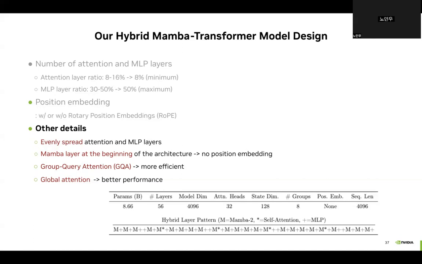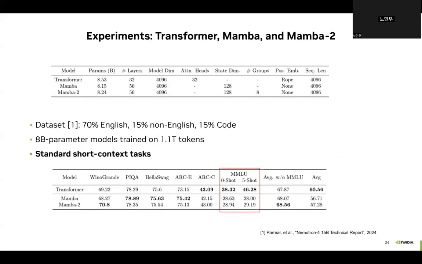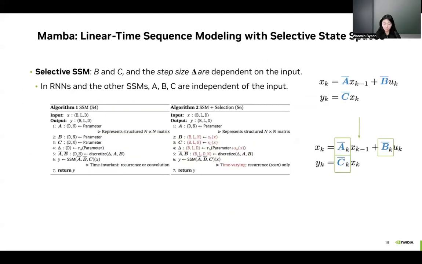Binu? Okay. Thank you for your great presentation. And I have two questions. The first question might be related to the basic knowledge of Mamba. In slide 15, we can see that B, C and delta get longer as L increases.